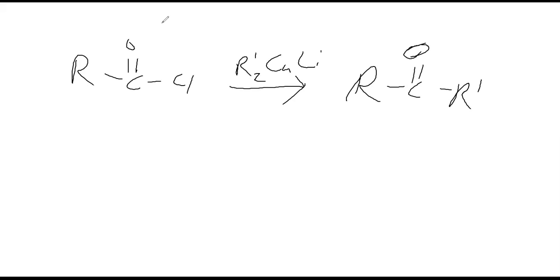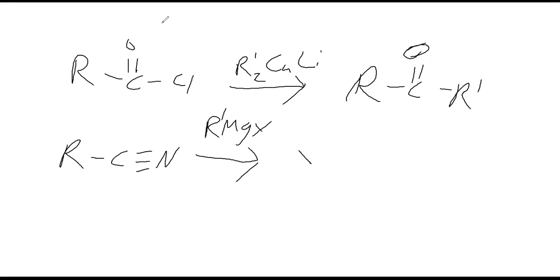Nitriles. Nitriles will form an imine, which can then be acidically hydrolyzed to a ketone. So these guys were also reactive with organometallics. You can do R prime, N minus.